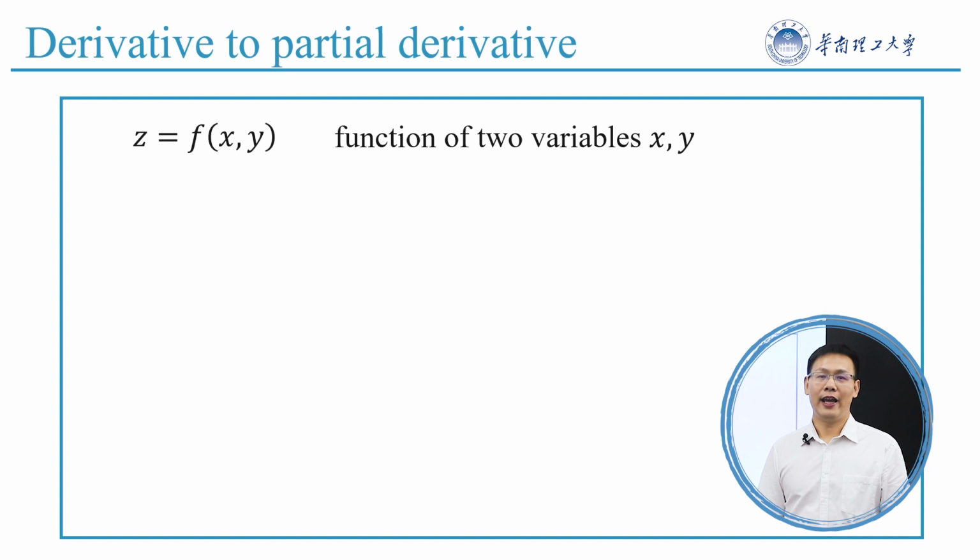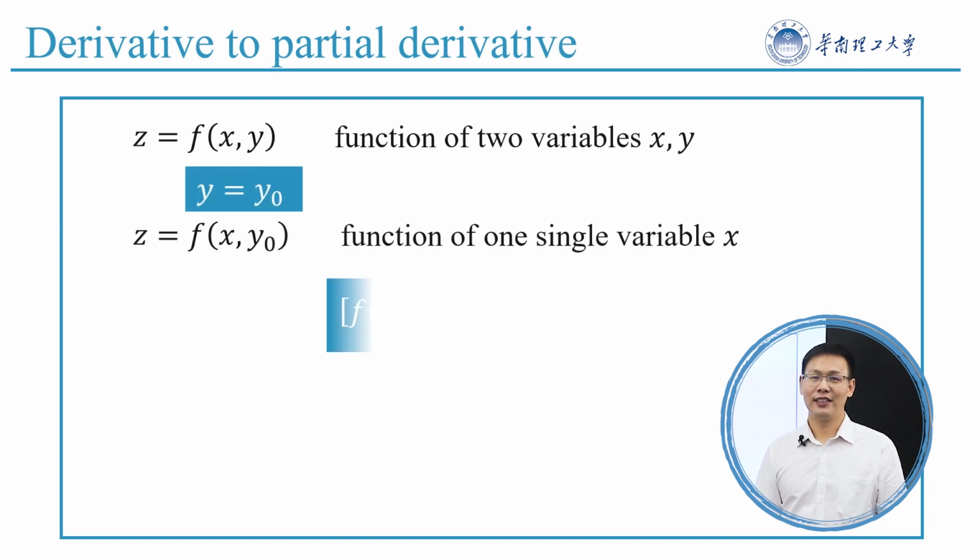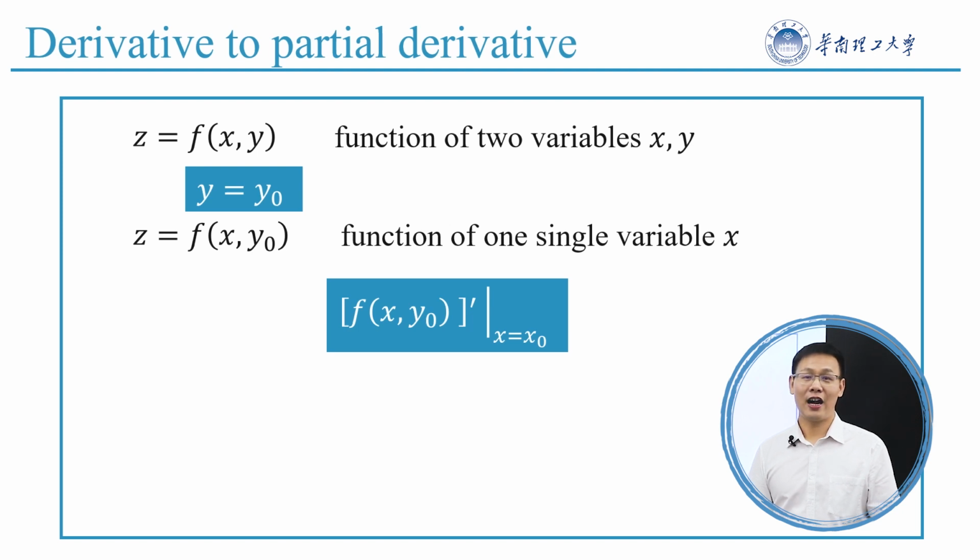Suppose f is a function of two variables x and y. If y is held constant, that is, y is regarded as a constant, say y equals y0, then f(x, y0) is a function of the single variable x.